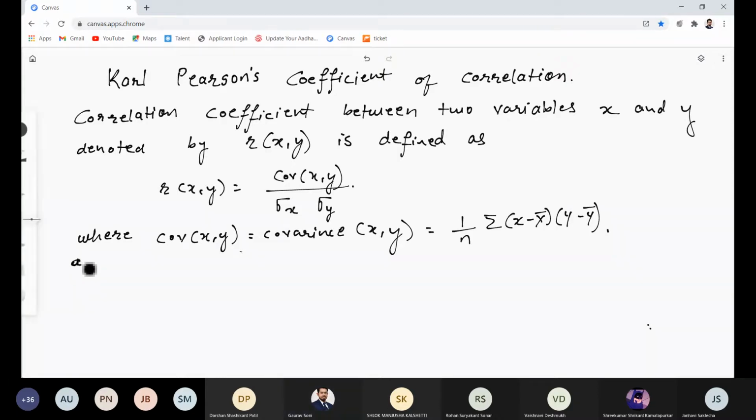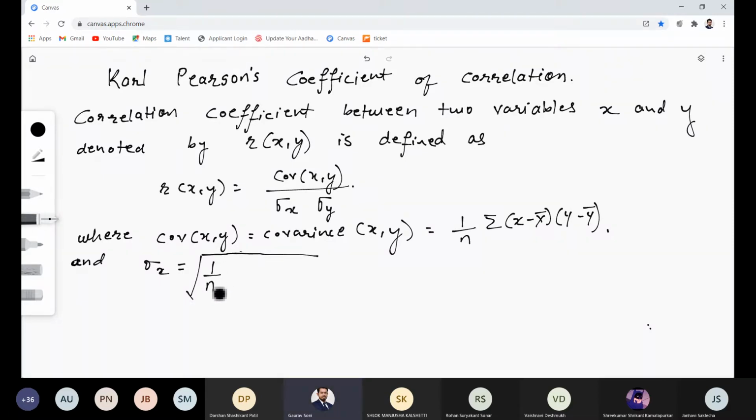And sigma x is equal to under root 1 upon n summation x minus x bar square.